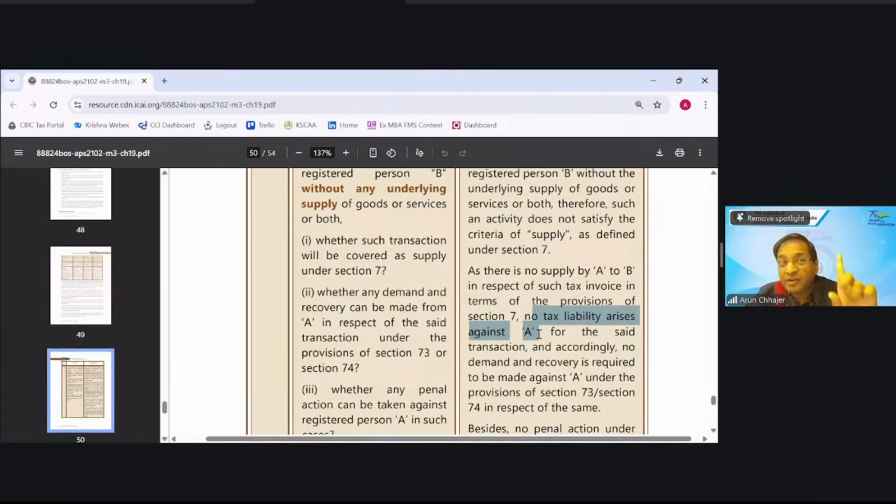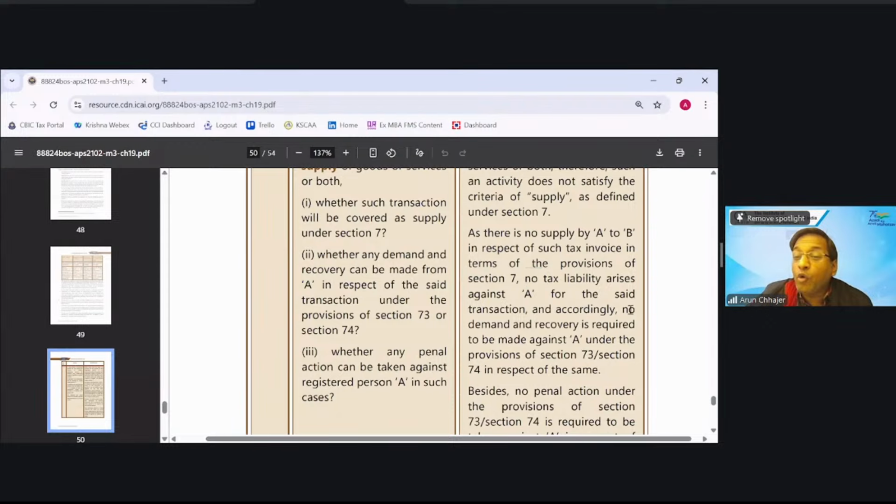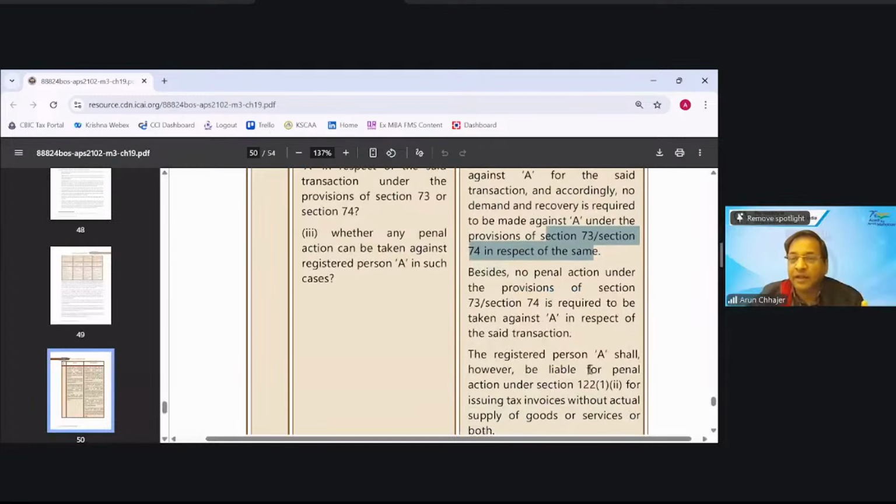Tax not paid or short paid, erroneously refunded, ITC wrongly availed and or utilized. तो क्या टैक्स है ये अगर सप्लाई नहीं है? तो उसने कहा नहीं, टैक्स लाइबिलिटी नहीं है. And accordingly, no demand and recovery can be made under section 73, 74. तो इस पर्सन ए के अगेंस्ट में 73, 74 तो इनिशिएट नहीं किया जा सकता.